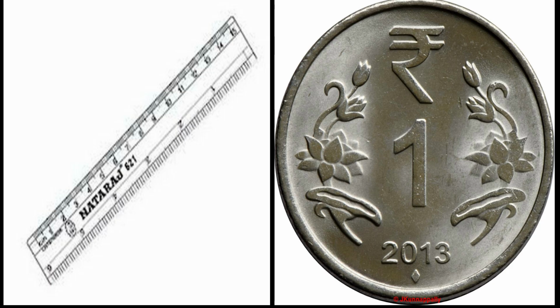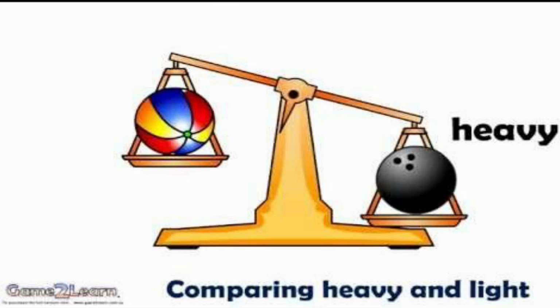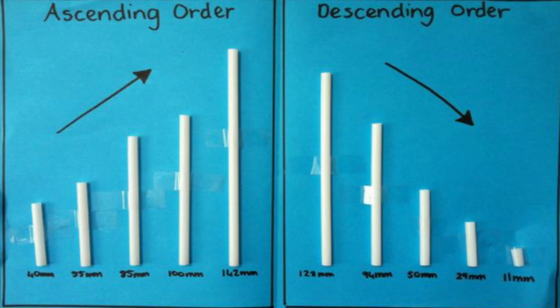Our next topic was objects which roll and slide. Then we came to know about the objects' weight, meaning are they heavier or lighter. Our last week's topic was ascending and descending order of numbers.